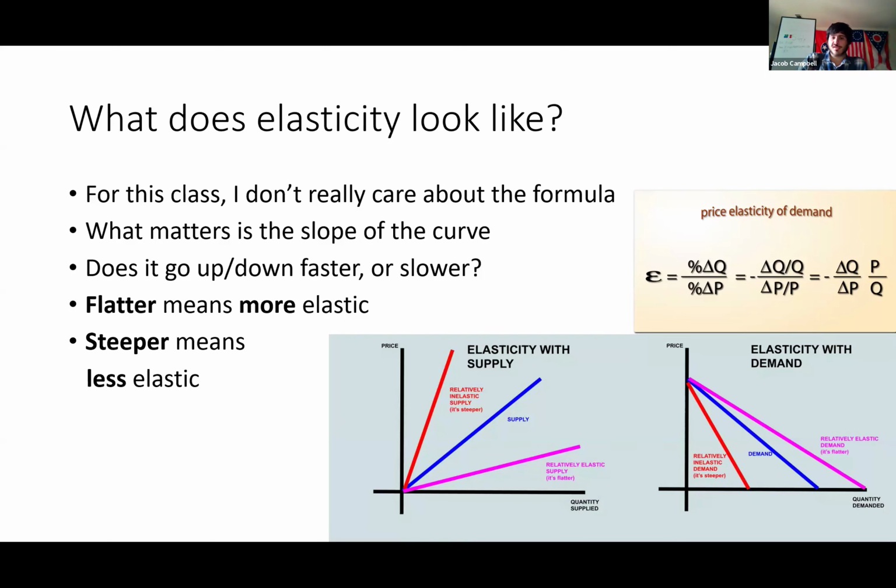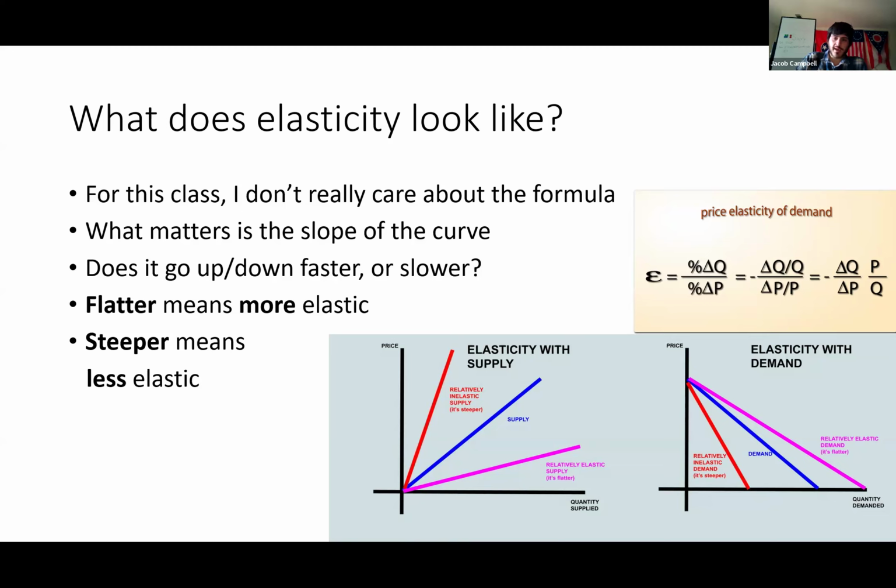Now, for this class, I don't care about the formula. I'm not going to make you memorize the formula. I'm not going to make you use the formula. I am going to do a little bit of math with the formula just to explain where a certain definition comes from in a little while. What I care about is the slope of the curve.